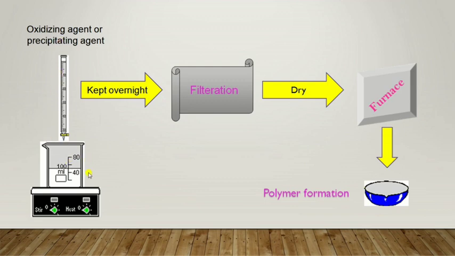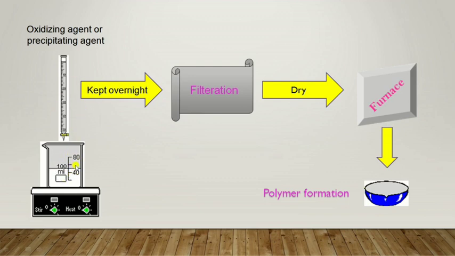I have dissolved the monomer of a polymer, and I am adding a reducing or oxidizing agent to that monomer. As it goes on in equilibrium, the oxidation will start and the formation of polymer goes on.